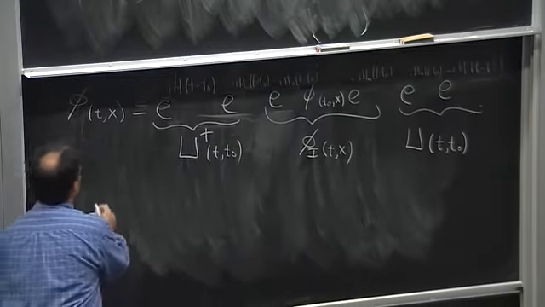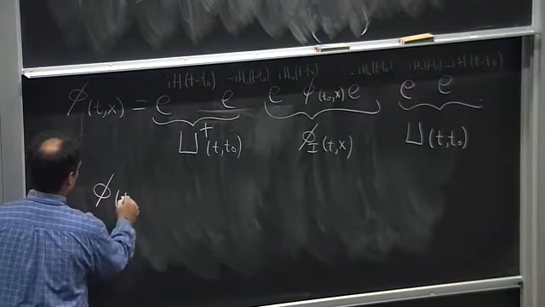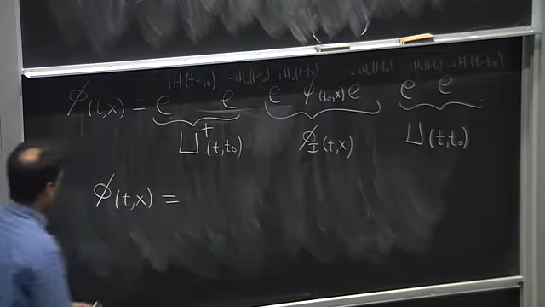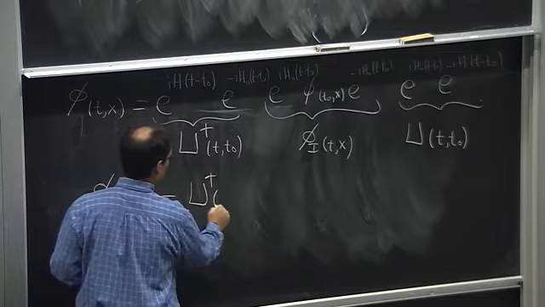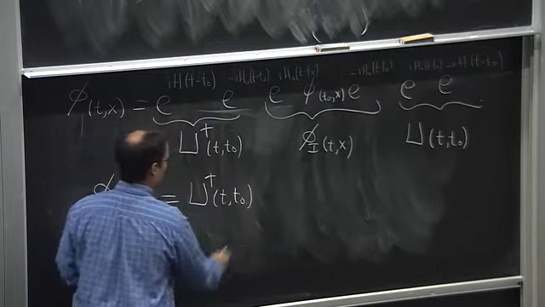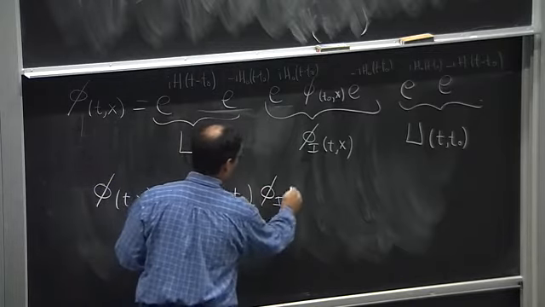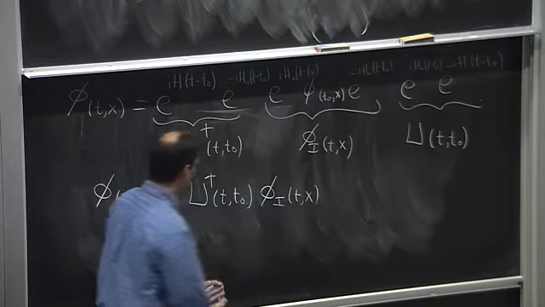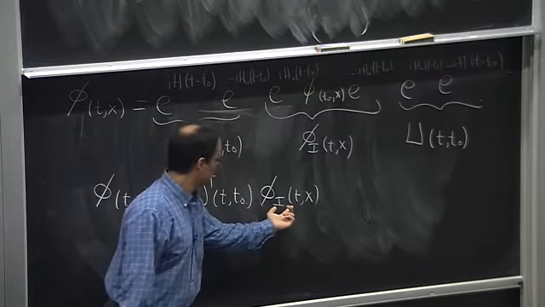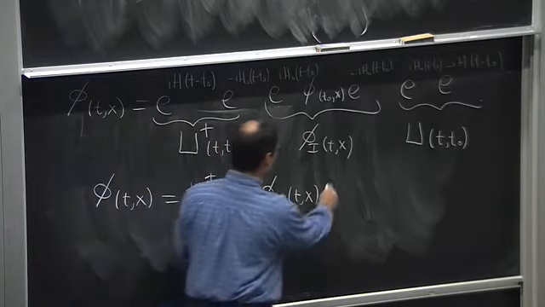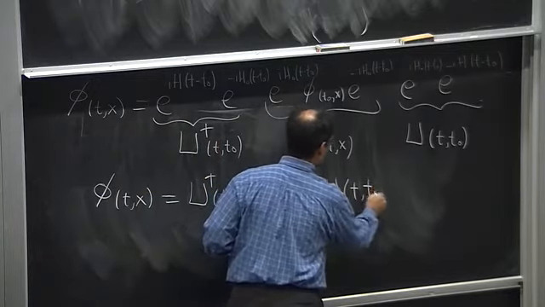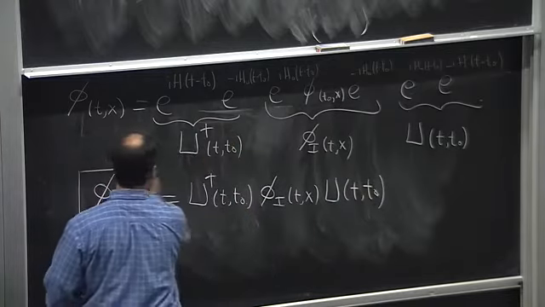So we get a very nice looking formula, which is that our interacting field is nothing but evolving or acting on our interaction field phi by this operator U and U dagger. Okay?